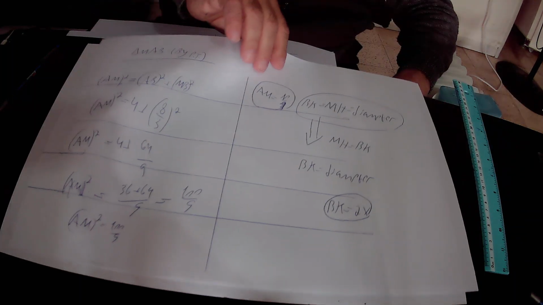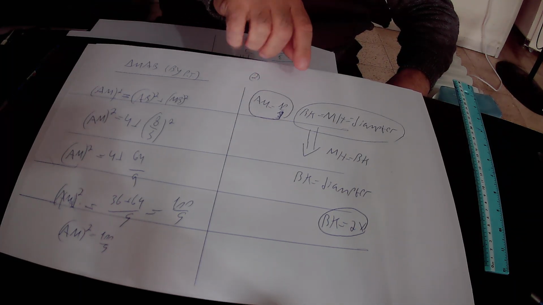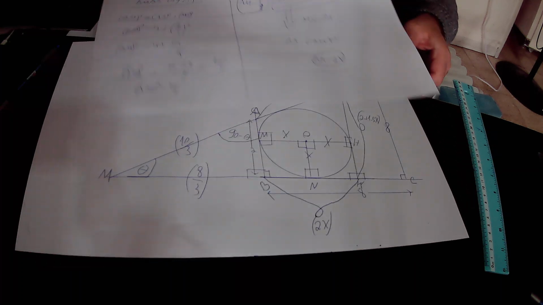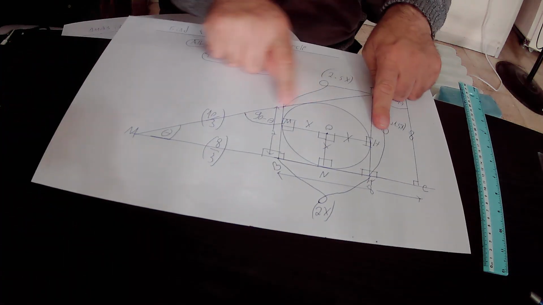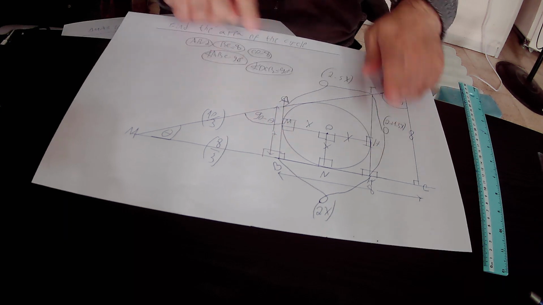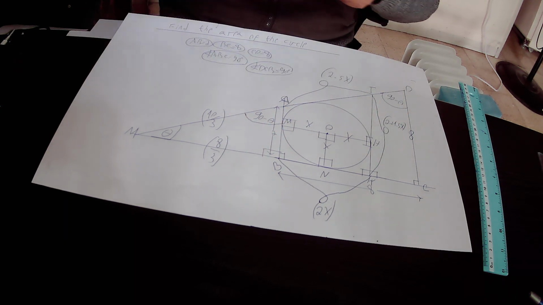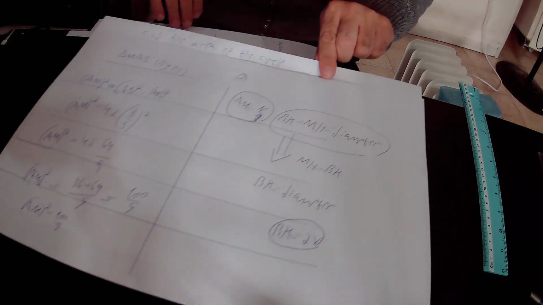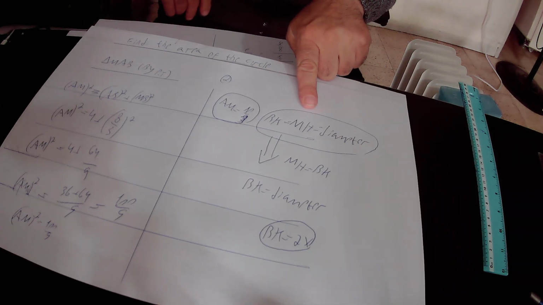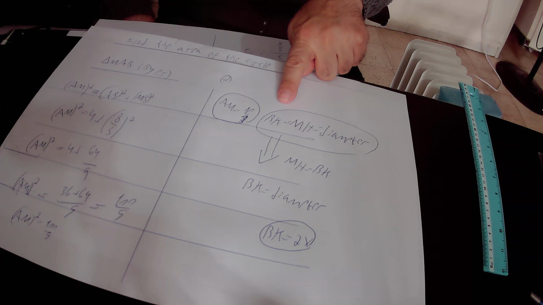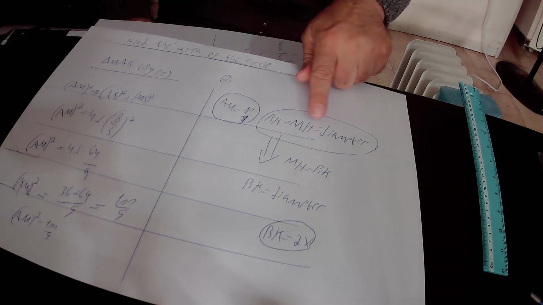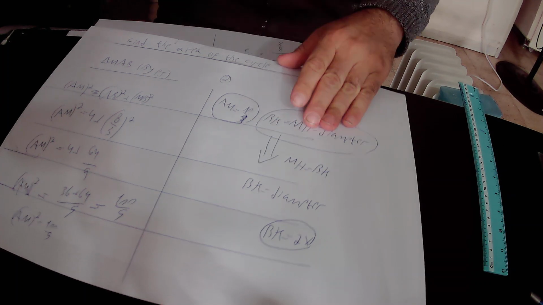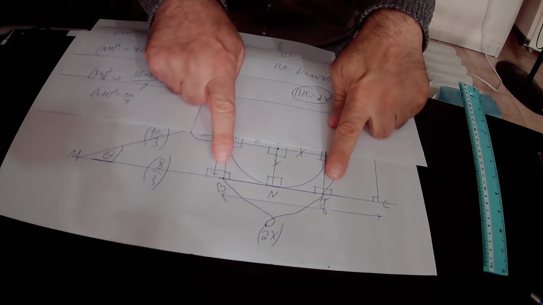So we can write down that MH equals BK. And from this equation, BK equals MH equals the diameter, we realize that BK is also the diameter of the circle.